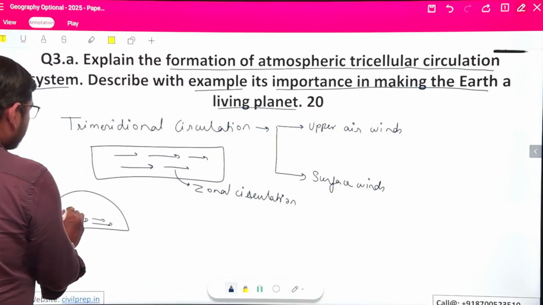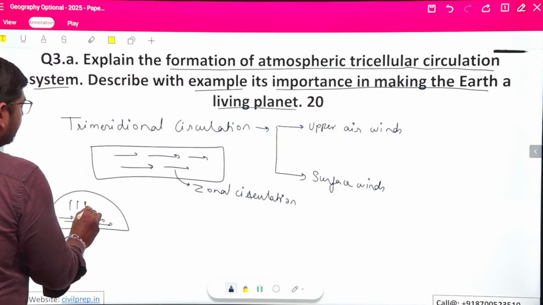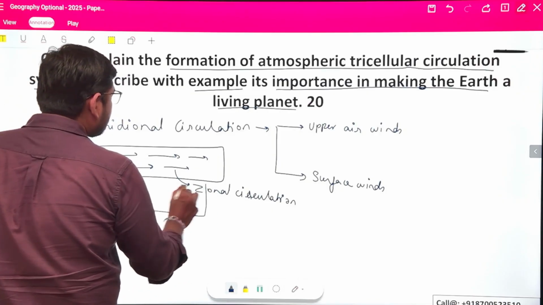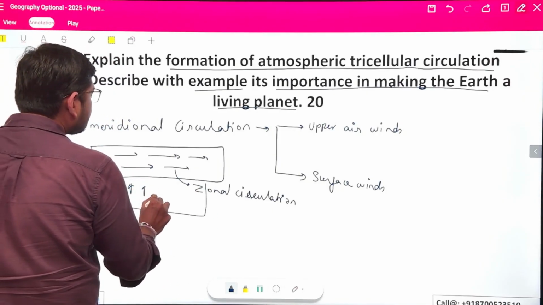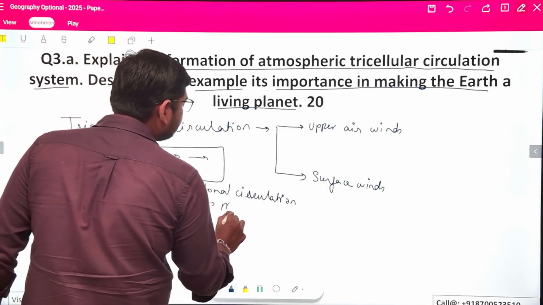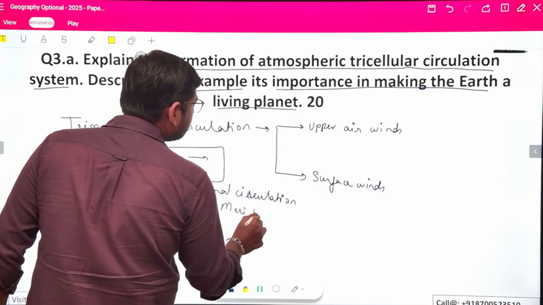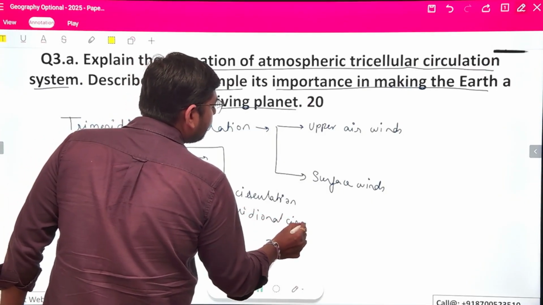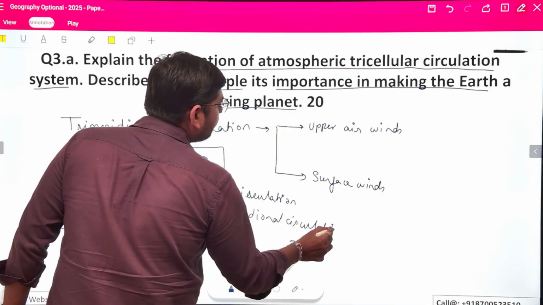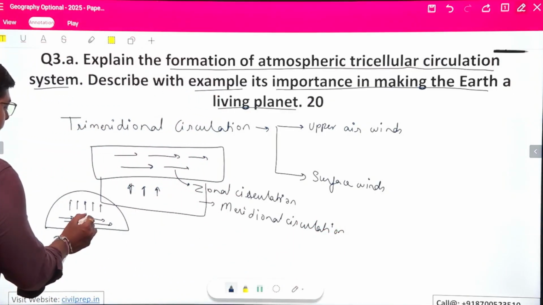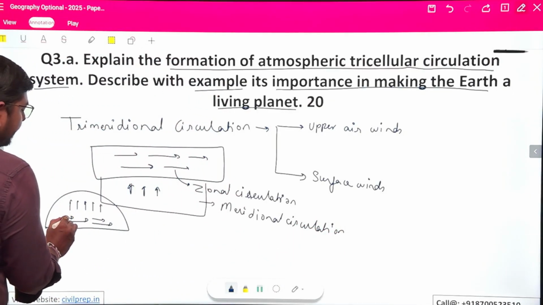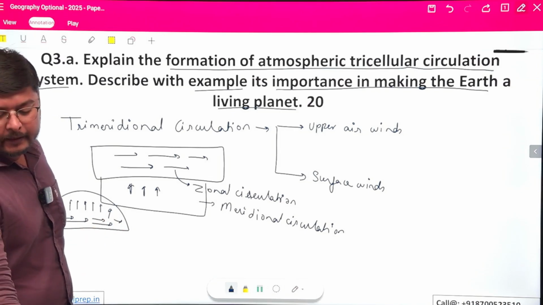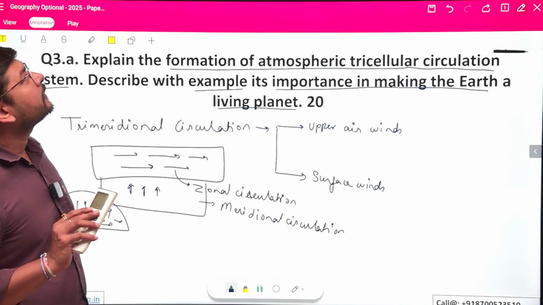While the winds which are moving from the equator towards the polar regions, this type of wind movement is called meridional circulation. Now here we will be seeing that the winds are moving zonal also and meridional also, from different regions or different cells.